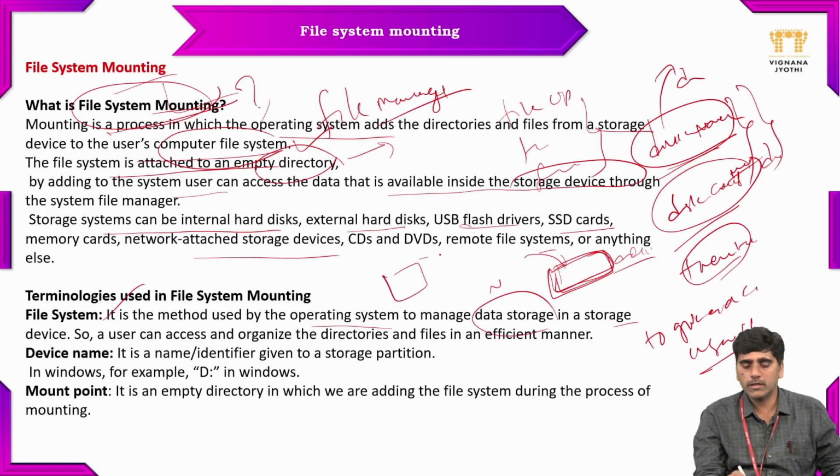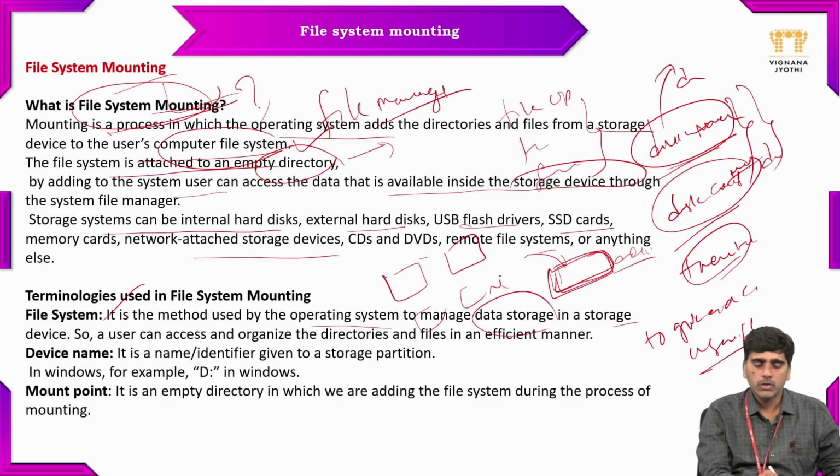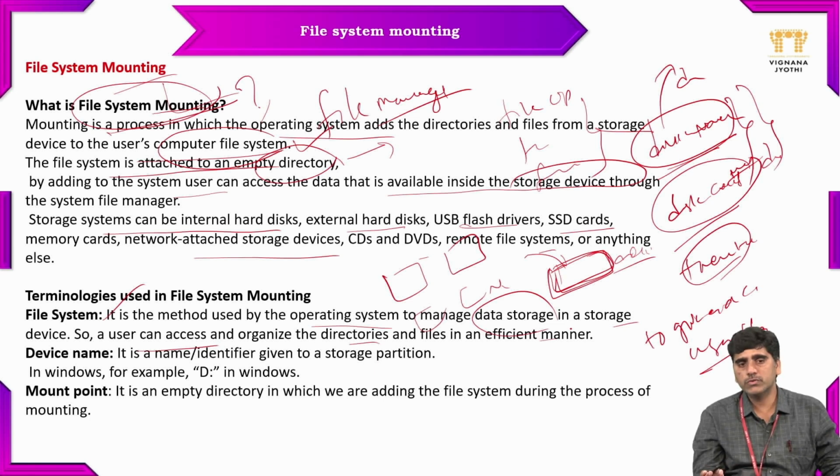Can we organize the data in directories or in folders? That method is the file system implementation. So the user can access and organize the directories and the files in an efficient manner.